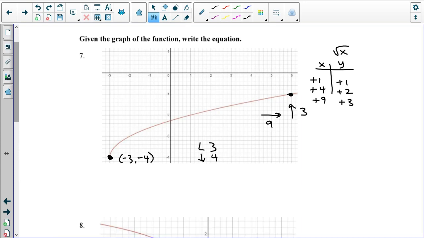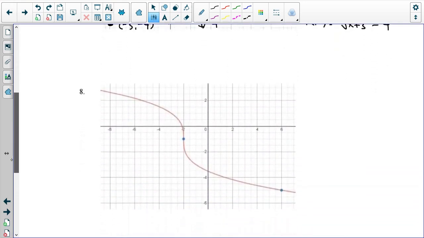So this just fits in with a square root function. I'm not having a vertical stretch, so that means I have the square root of x plus 3, minus 4, because I have a left shift of 3, a down shift of 4, and no vertical stretch.